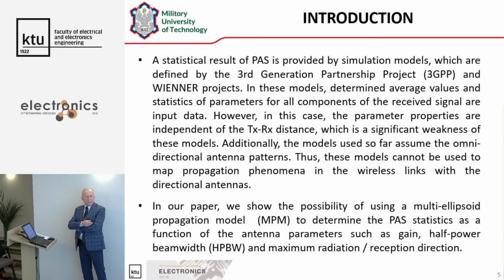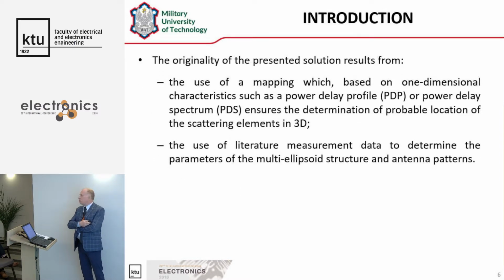In our paper, we show the possibility of using the multi-ellipsoid propagation model, abbreviated MPM, to determine the power angular spread statistics as a function of the antenna parameters such as antenna gain, half power bandwidth, and maximum radiation reception directions. The originality of the presented solution results from the use of mapping based on one-dimensional characteristics such as a power delay profile.